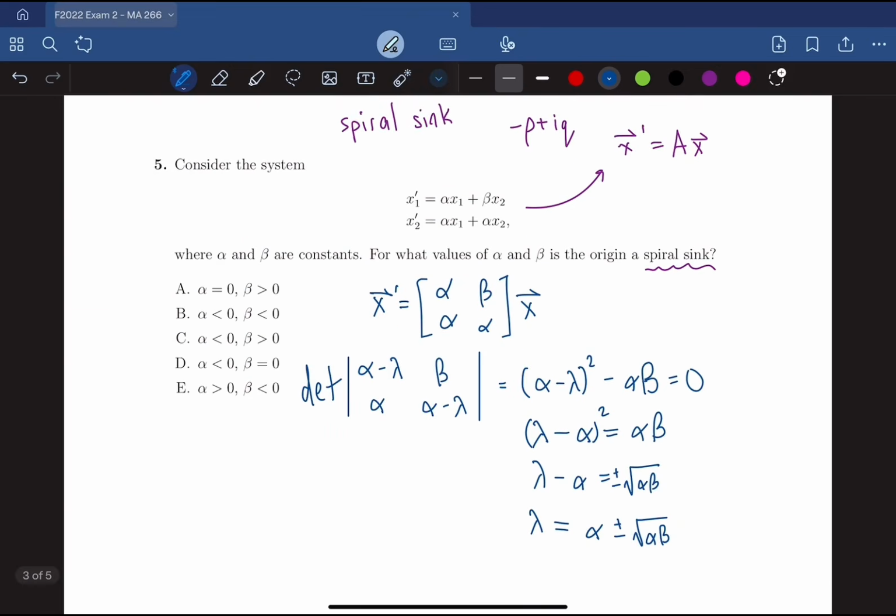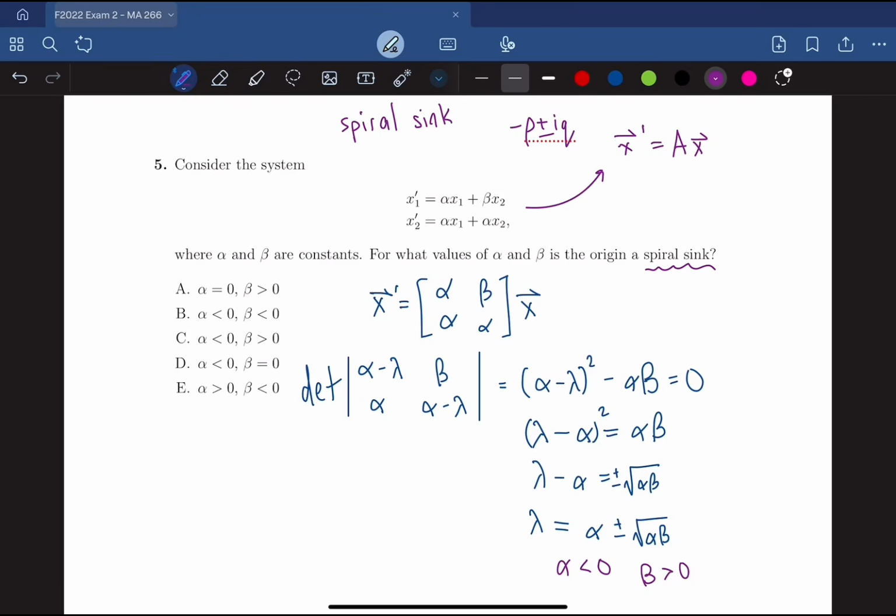And so coming back up to here, we know our form should be negative p plus iq, or sorry, this should have been plus or minus iq. So here we have alpha plus or minus root alpha beta. What that means is our alpha is going to be negative, since our form should be negative p, and our beta should be positive.